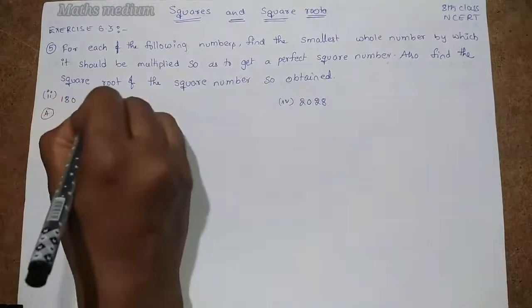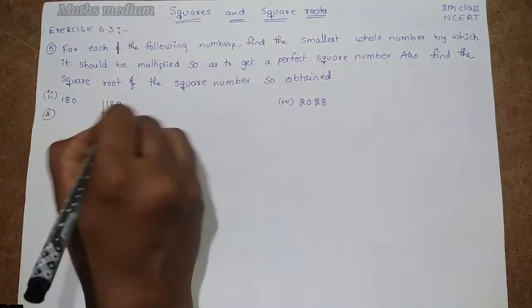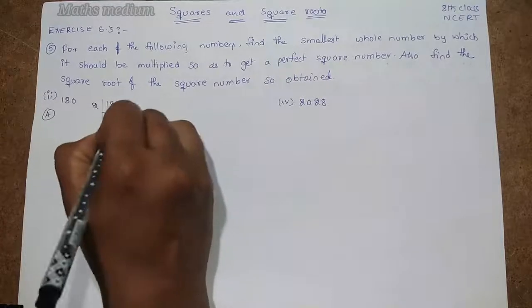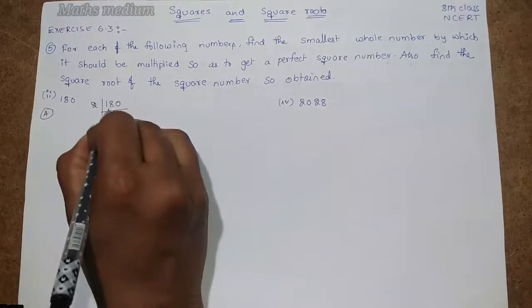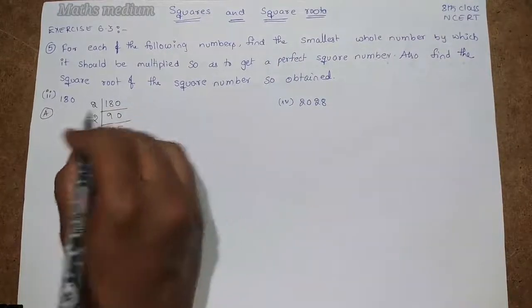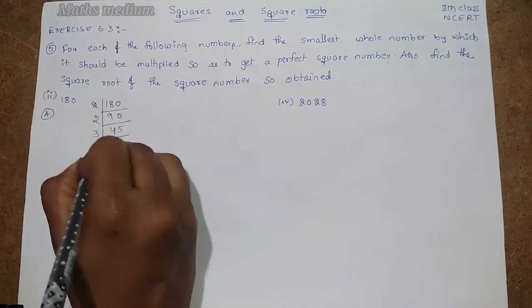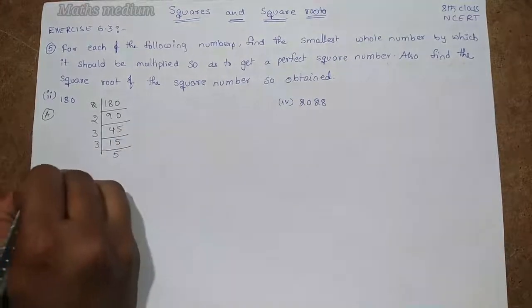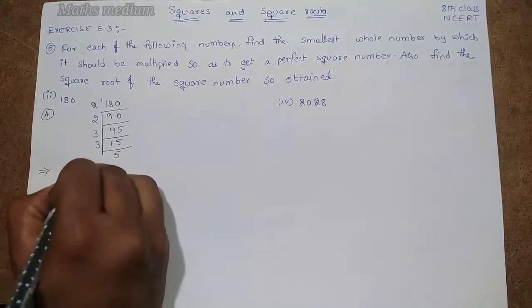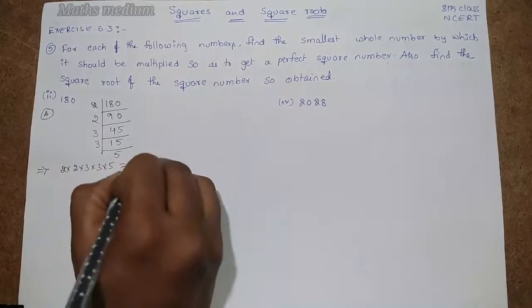Make the prime factorization of 180. Divide by 2: 2 nines are 18, 0. Again by 2: 2 fours are 8, 5. Now 3 ones are 3, 15; 3 fives are 15. So 2 into 2 into 3 into 3 into 5 is equal to 180.